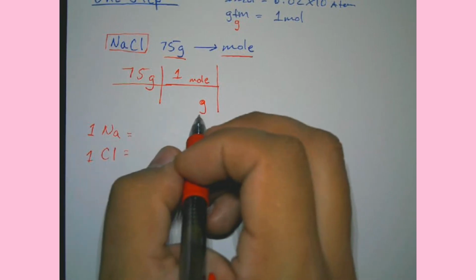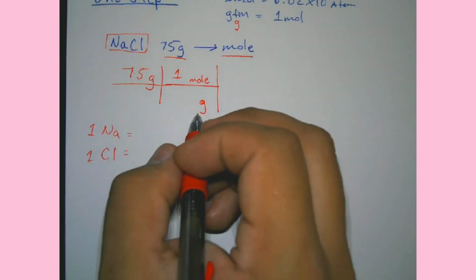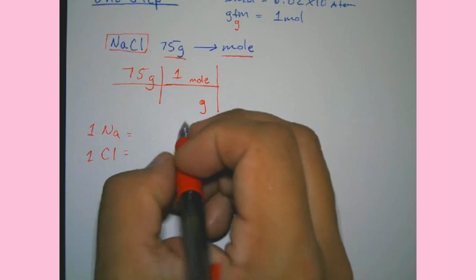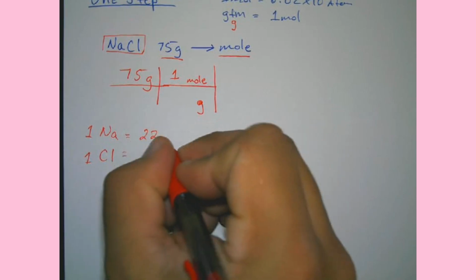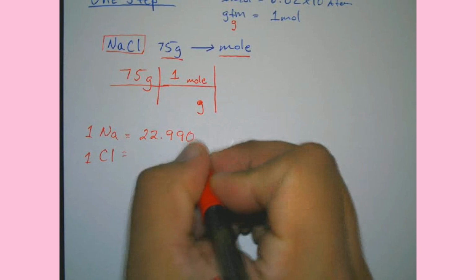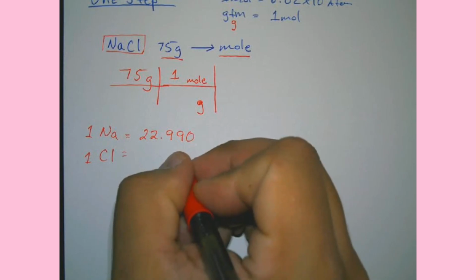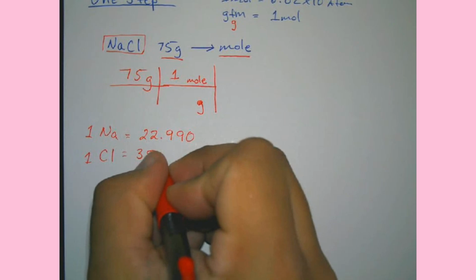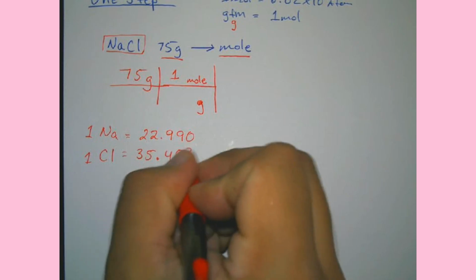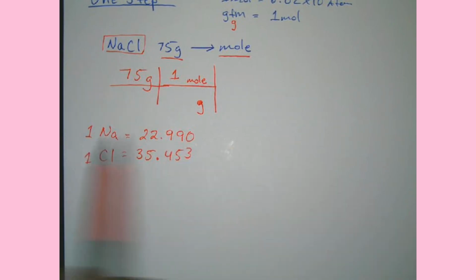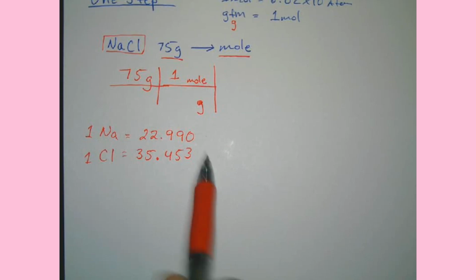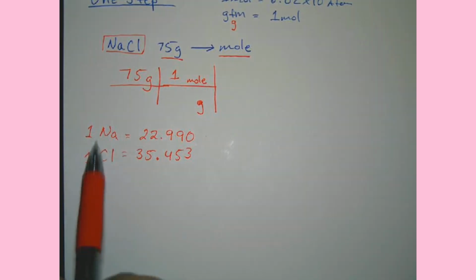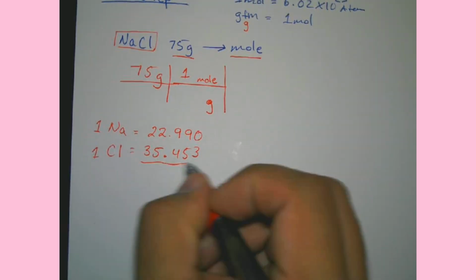If I look up on the periodic table, I know that Na weighs 22.990. And if I look up chlorine, chlorine weighs 35.453. Now look, normally I would then multiply by however many I have, but I only have one of each, so I could go ahead and just add these guys together, right?